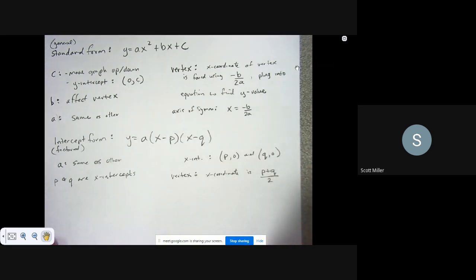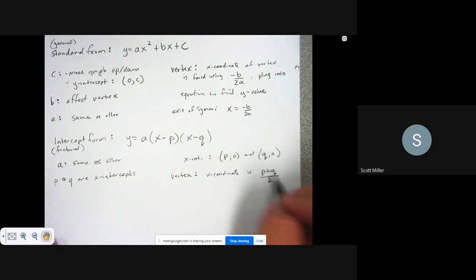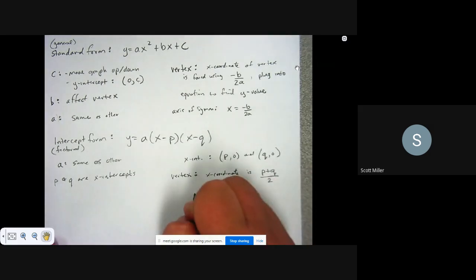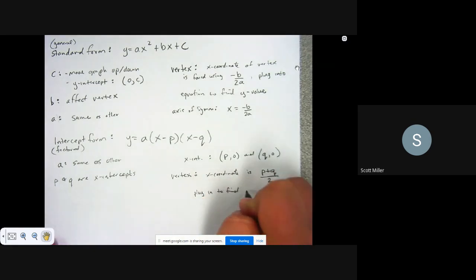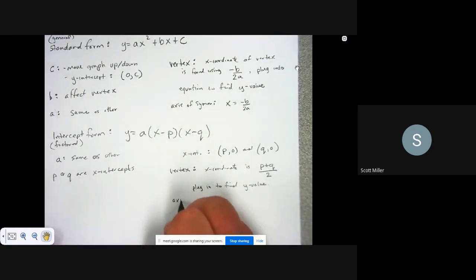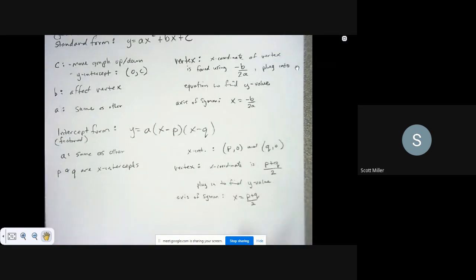In other words, it's halfway in between. Add the two x-intercepts, divide by 2, and that is the x-coordinate of the vertex, to which you then plug in to find the y value. Okay, so that's how you find the vertex. And again, the axis of symmetry is the line that goes through the x-coordinate of the vertex, so it'd be x equals (p plus q) divided by 2. Okay, so that's how that works.